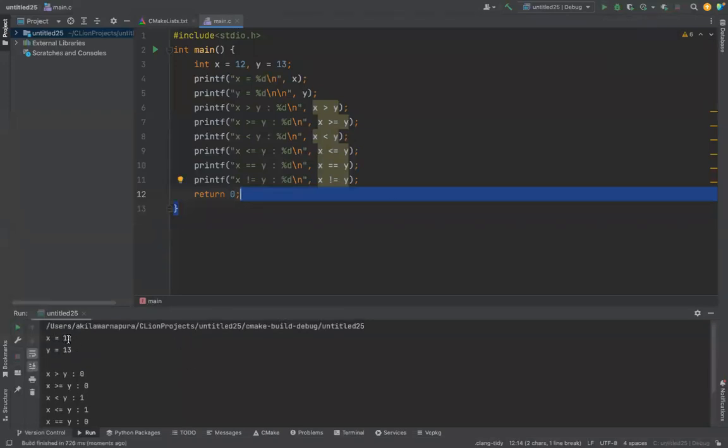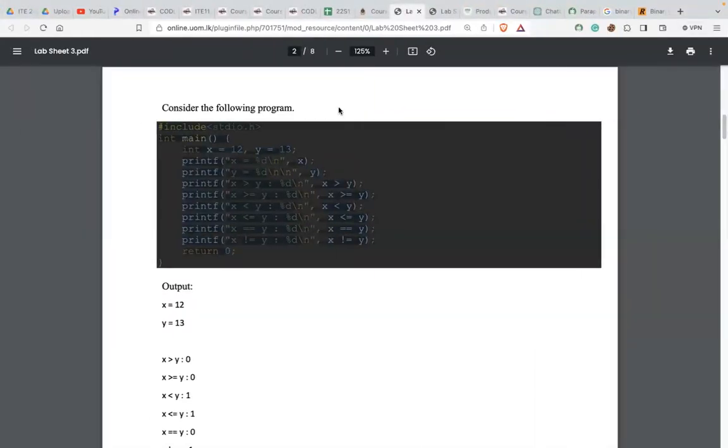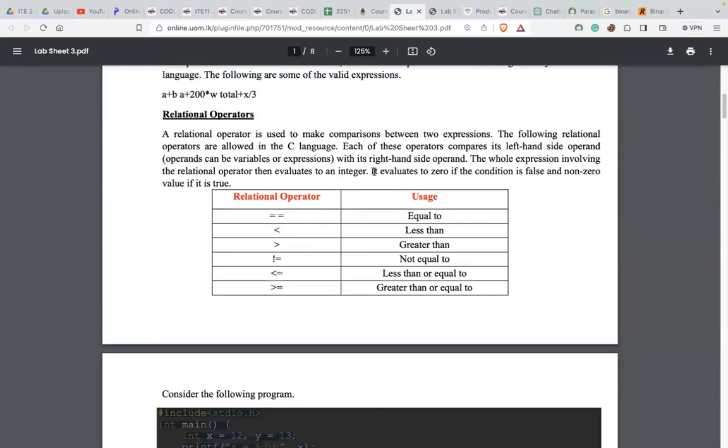The x value is 12 according to this example, the y value is 13, and x greater than y: x is 12, y is 13. It is not greater than 13. The condition is false. If the condition is false, this expression outputs the integer value 0. That is why it's mentioned that the whole expression involving the relational operator evaluates to an integer value.